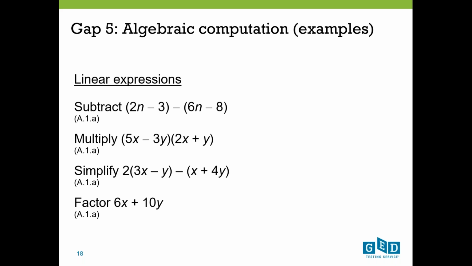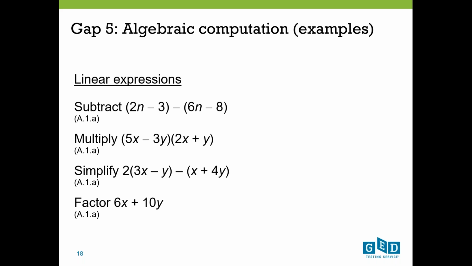This didn't come up until now, but for those of you who weren't in session 1 last month, the indicator for each item is written underneath the item in parentheses in smaller type. Because these are linear expressions, they all say A.1.A.